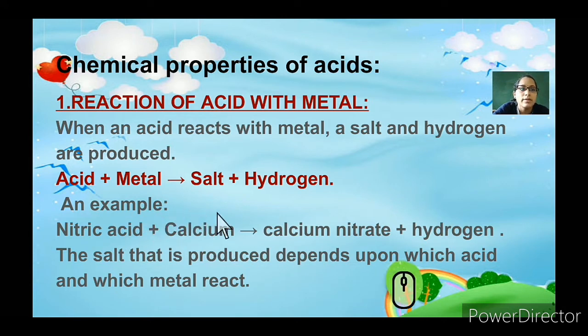Nitric acid and calcium on the left hand side are the reactants. On the right hand side, next to the arrow mark, salt and hydrogen are formed. Whatever is formed is the product from the reactants.